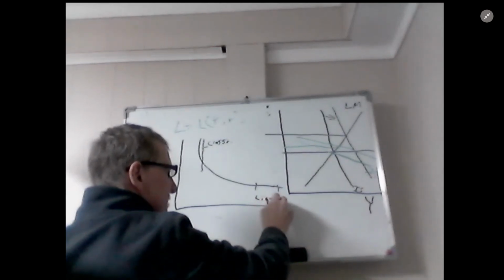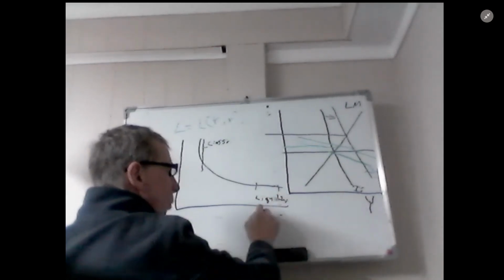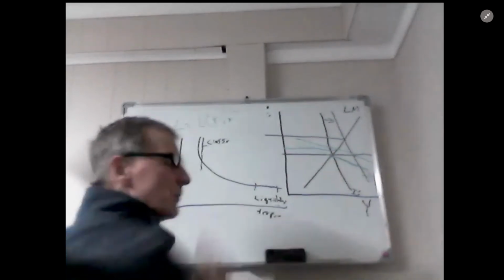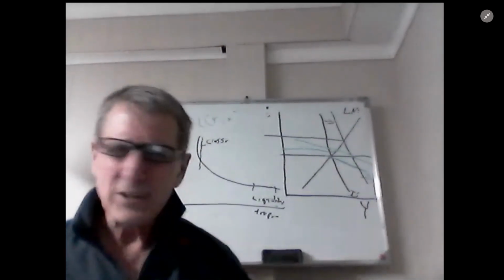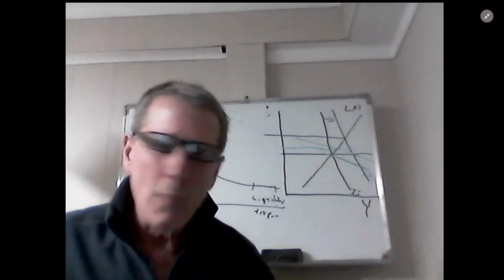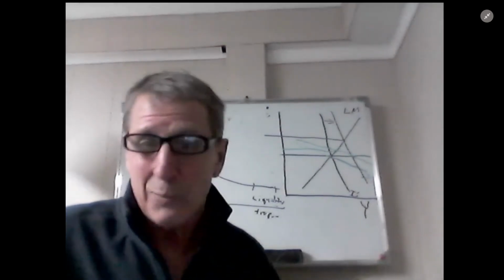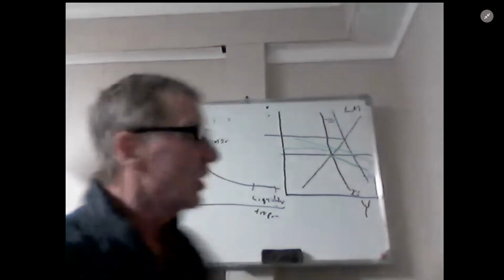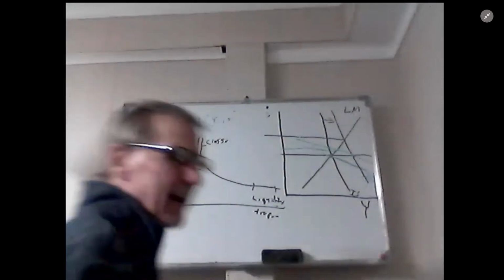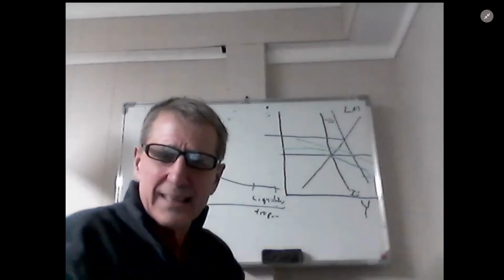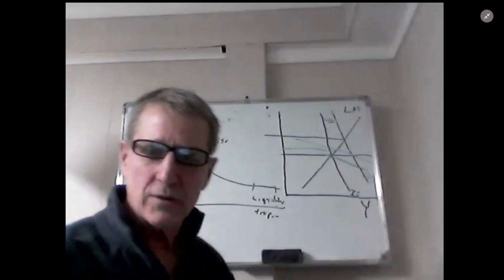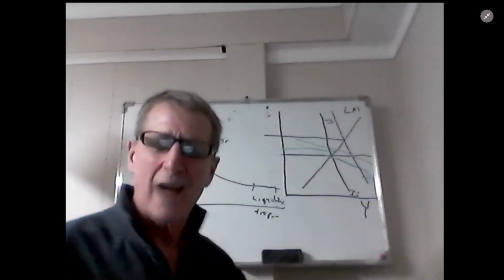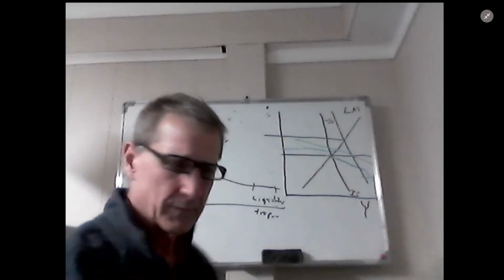That is, interest rates are so low that if we increase the money supply, you know what? I'm only getting 0.25% on my savings account at the bank. I might as well just keep it in my wallet. Whereas if interest rates are really high and there's an increase in money supply, I'm going to take advantage of those interest rates. I'm going to hold as few dollars in my wallet as possible.